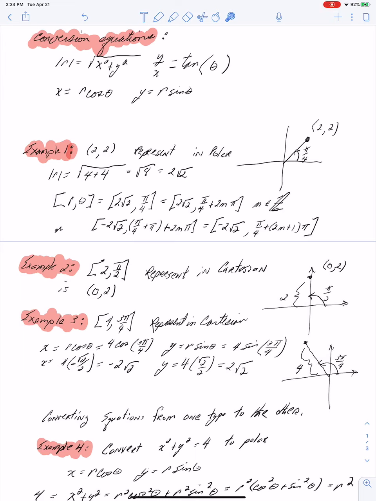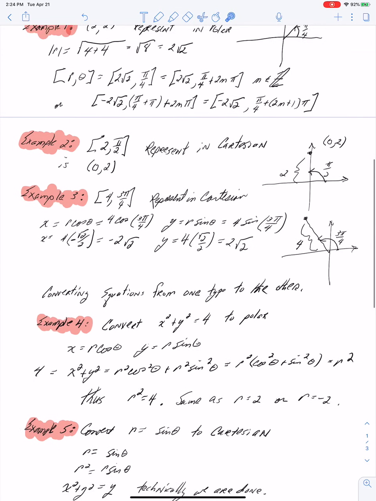Cosine of 3 pi over 4 is minus root 2 over 2. I get minus 2 root 2. Y is r sine theta, that's 4 sine 3 pi over 4. But sine 3 pi over 4 is root 2 over 2. So y is 2 root 2. So the ordered pair is minus 2 root 2 comma 2 root 2 in Cartesian.